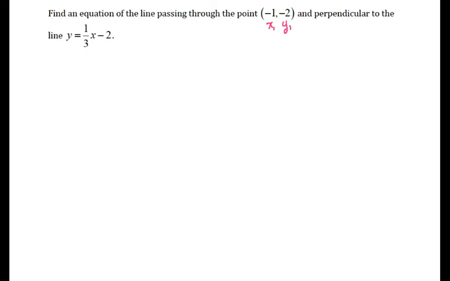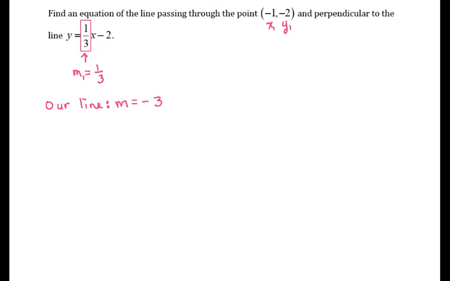The only piece of information that I'm going to take from this other line is its slope. So this line had slope 1/3. Our line has got a perpendicular slope. We'll just call this slope m. It's going to be -3/1, which is just -3.